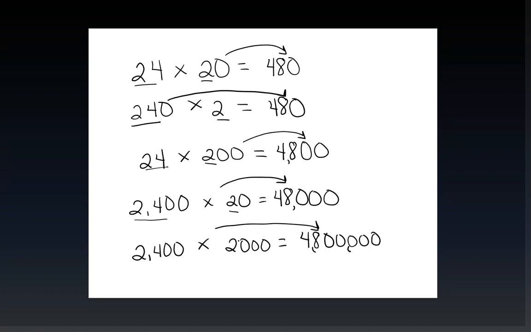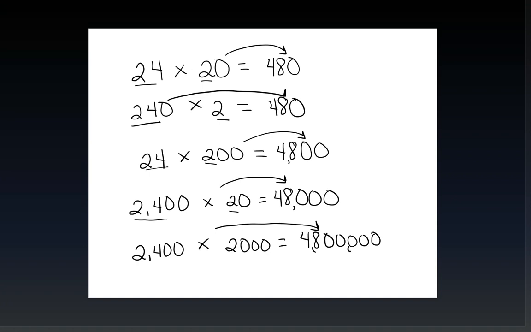So again, you're taking the same process as you had when you were multiplying by 10, 100, or 1,000, and you're just changing that first digit. So you're adding an extra step because you're going to multiply first by whatever digit that is, and then you're going to add your zeros. So you're going to start by looking at the numbers that are not zeros. So back to this first problem here, I'm going to ignore that zero and just look at it as 24 times 2.